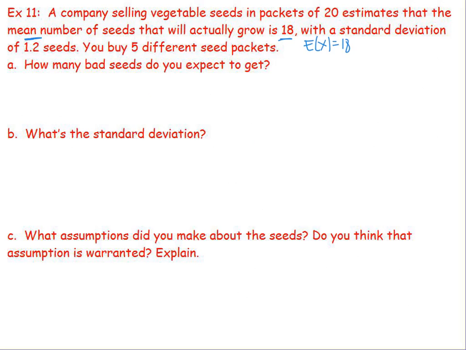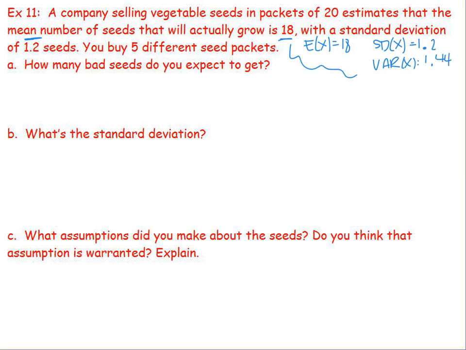With a standard deviation of 1.2 seeds. So the standard deviation of x is 1.2 seeds. And so one thing we need to find automatically is the variance of x. So if you remember, we take standard deviation and we square it. What's 1.2 squared? Well, I get 1.44.